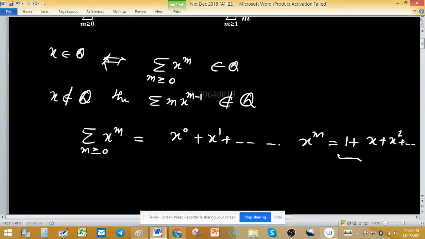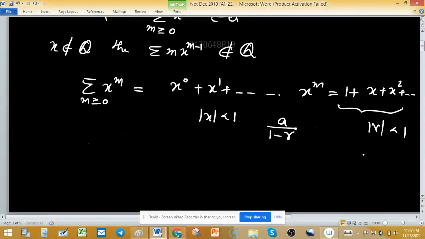You can easily observe it is a geometric series with common ratio x, and the condition on x is mod x is less than 1. So this is a geometric series and we can find its sum with the help of a upon 1 minus r, where a is the first term and r is the common ratio. This is true when mod r is less than 1. So using this fact, we can easily find the sum of this series.